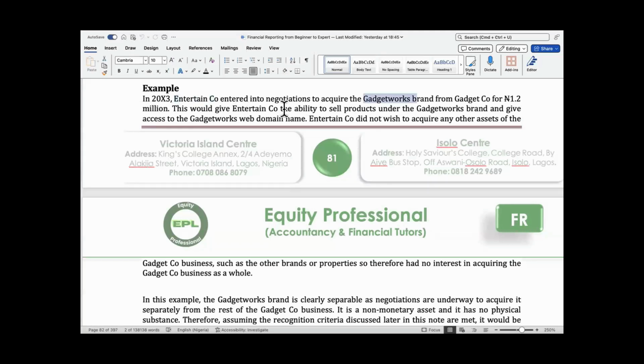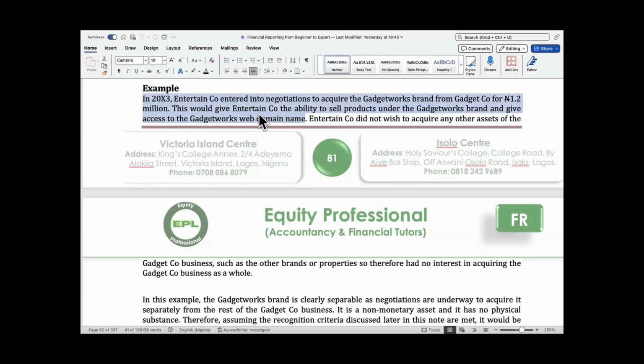This would give Entertain Co the ability to sell products under the Gadget Work brands and give access to Gadget Works web domain name. Okay, so this is similar to the example I gave you, that of Apple.